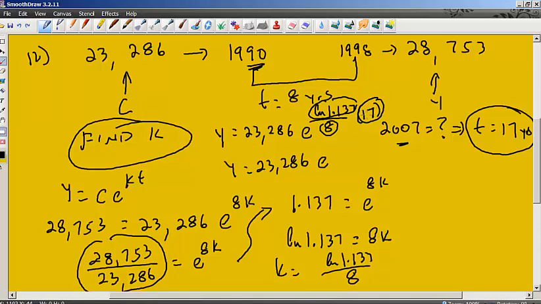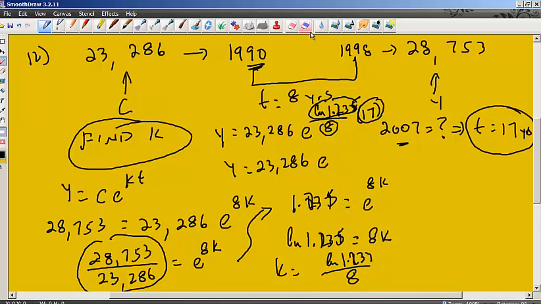Okay. That's 5 right there. Is that what it is? Well, 1.235. Okay, 1.235. Alright.